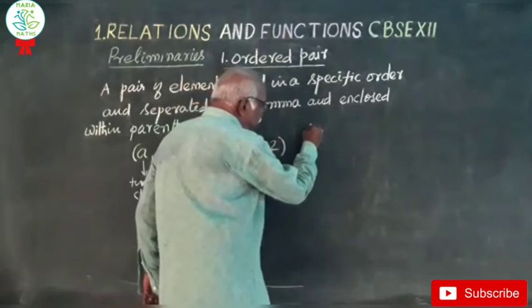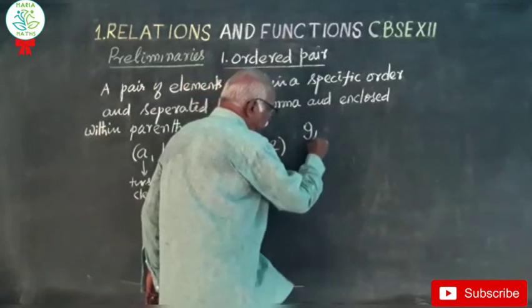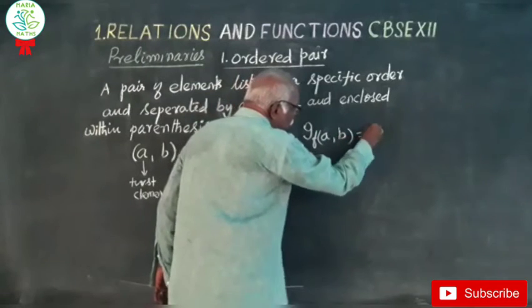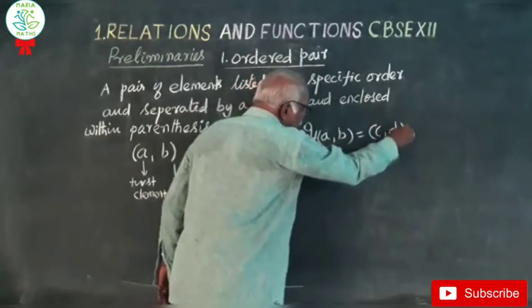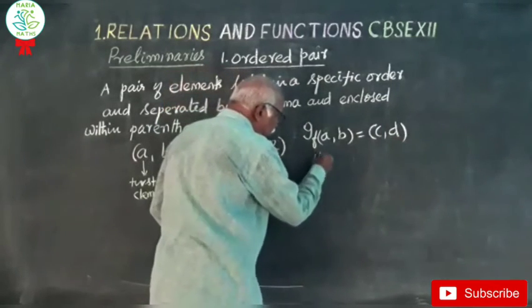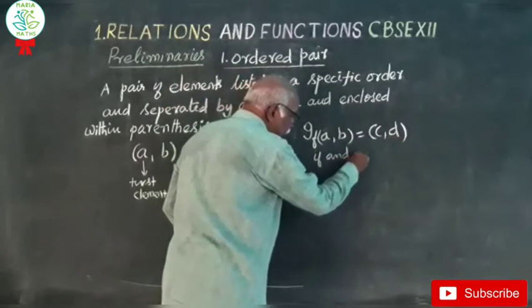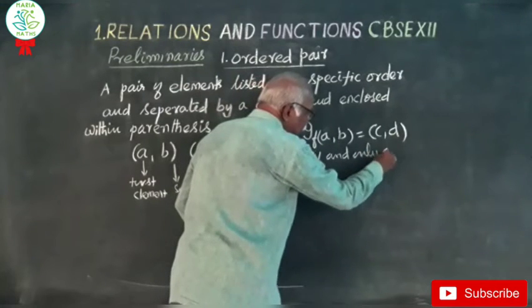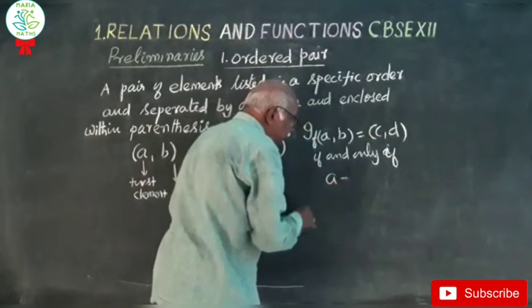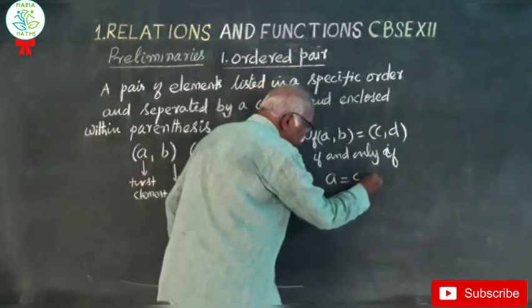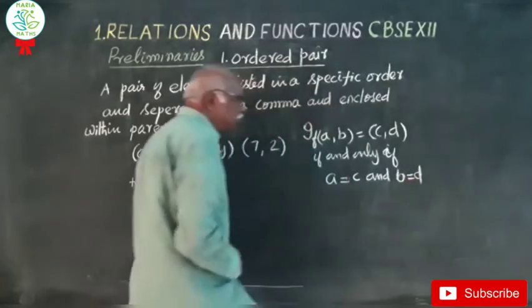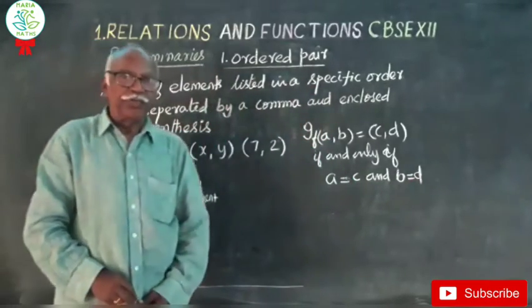Example: the ordered pair (a, b) equals the ordered pair (c, d) if and only if a equals c and b equals d.